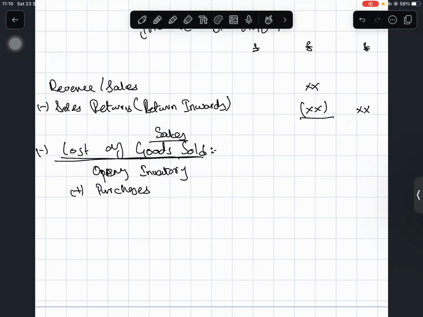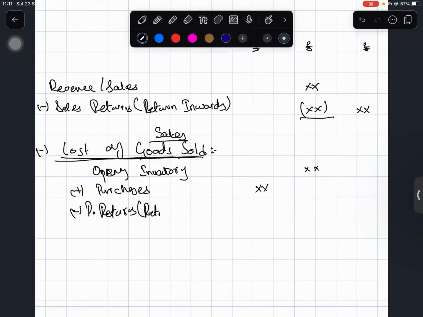Okay, so opening inventory, you will write in the second column. Then purchases in the first column, you will subtract purchase returns, or these can also be called return outwards. Right?